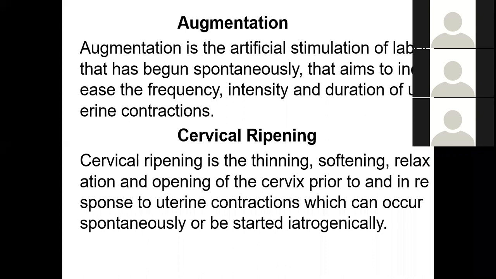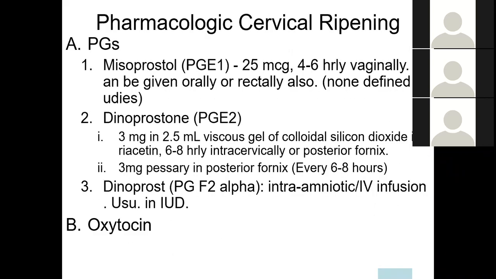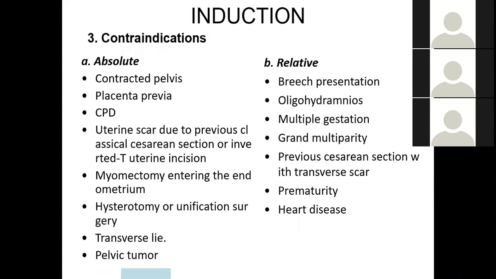So I think once you have achieved cervical ripening, that is by increasing your Bishop's score, then you can induce them. By that I mean they can undergo both, and so after cervical ripening, they can be induced for delivery, because I think it is encouraged that they deliver vaginally, and if they do not have contractions, then we have to induce them for us to achieve vaginal delivery. Thank you.